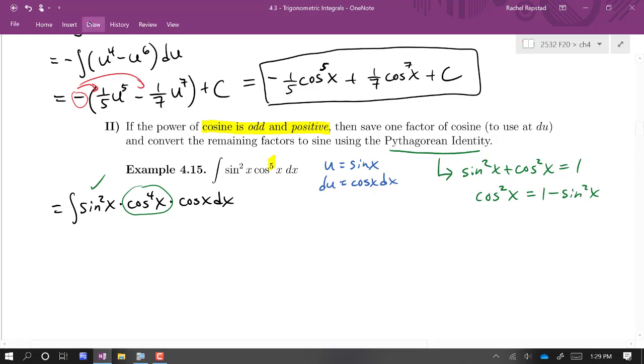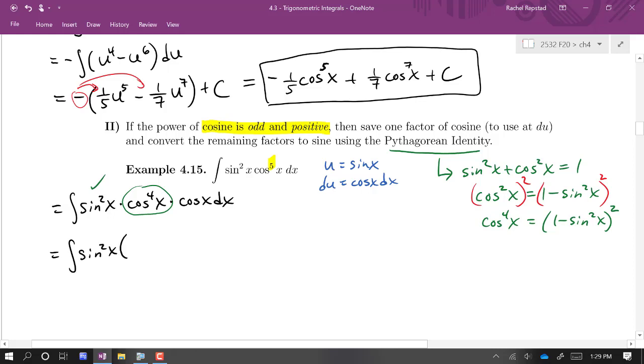So cosine to the fourth is just the square of 1 minus sine squared. Let's make that substitution here. Cosine to the fourth is (1 minus sine squared x) squared times cosine x dx.